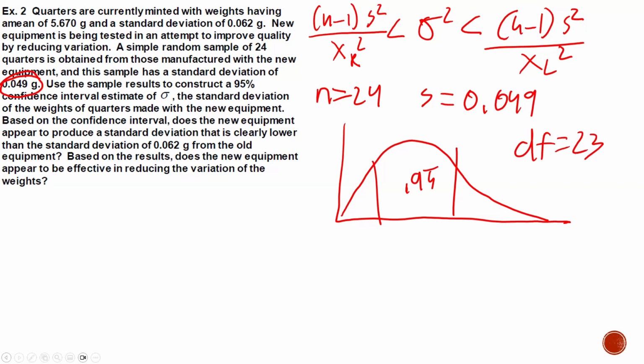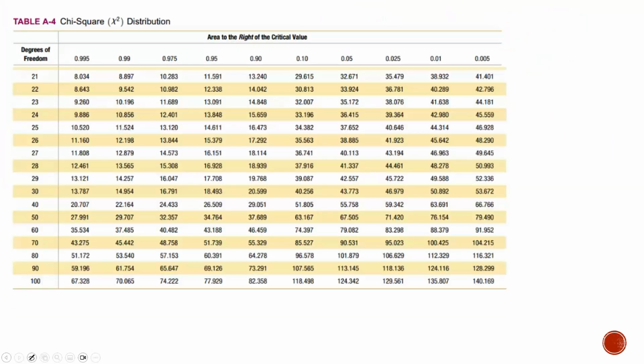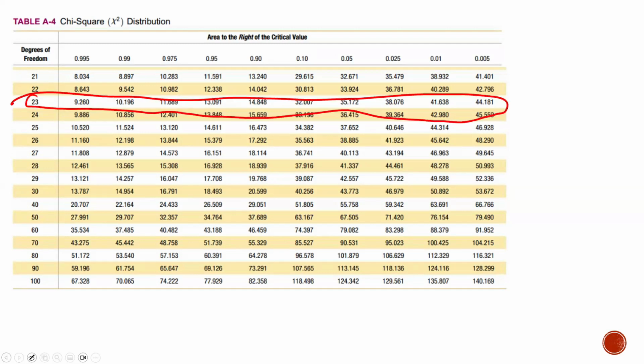So we now look at the chi-squared table. We have 23 degrees of freedom, and we have 95% in the middle. I think it's easiest to find, so if 95% is in the middle, Bobby, what percent is in the right wing?